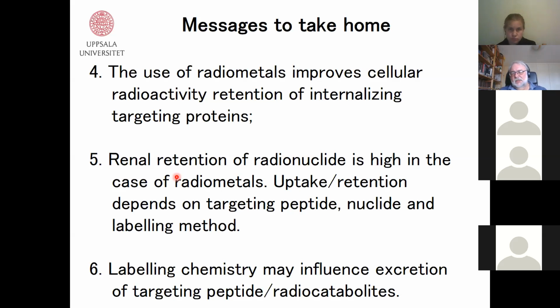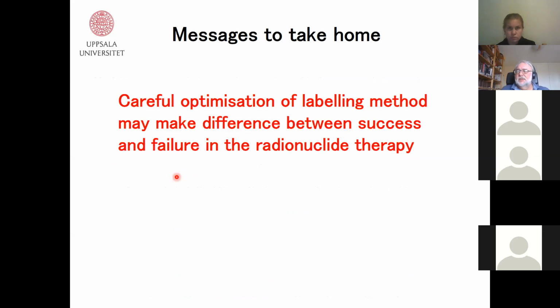And labeling chemistry may influence retention and excretion of targeting peptide and radiocatabolites. That means that careful optimization of the labeling method might make the difference between success and failure in development of a radionuclide agent for therapy or for imaging.